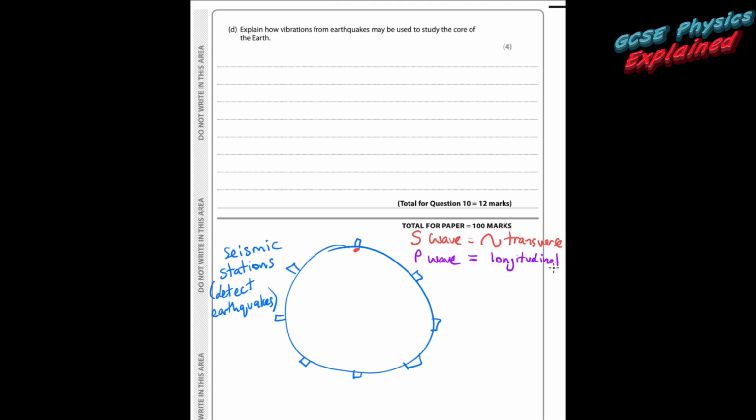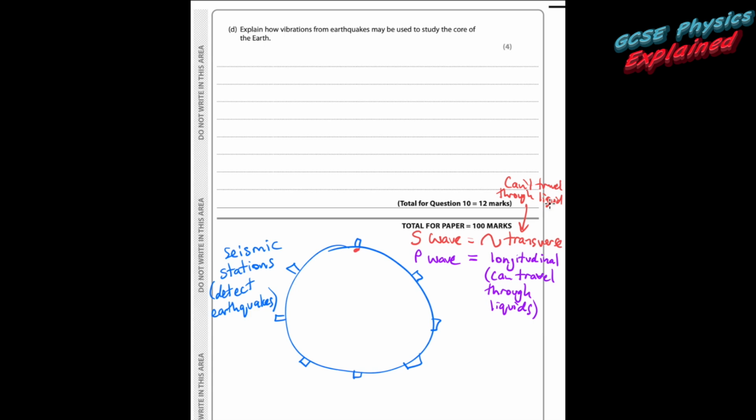Now longitudinal waves can travel through liquids. These transverse waves can't travel through liquids. Now your teacher should have told you about a thing called shadow zones.